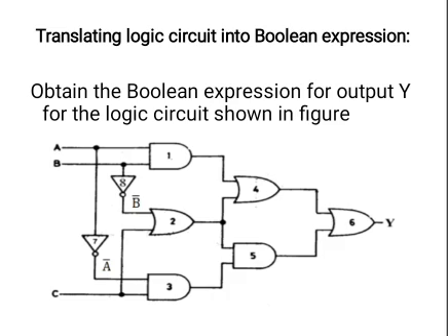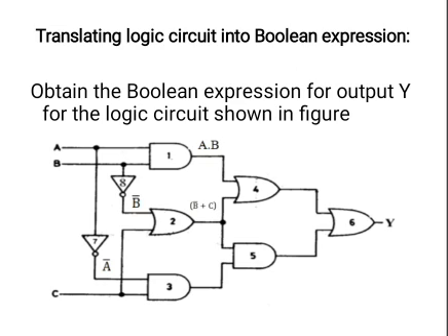So next, observe the first gate. A is the input and B is also input. We are using the AND gate, which means multiplication, A into B. Next, observe the second gate. The second gate is the OR gate.